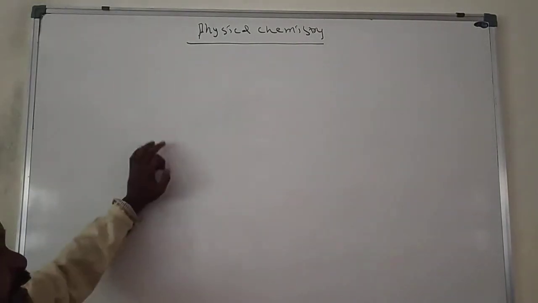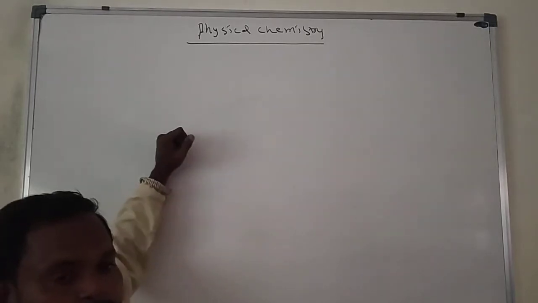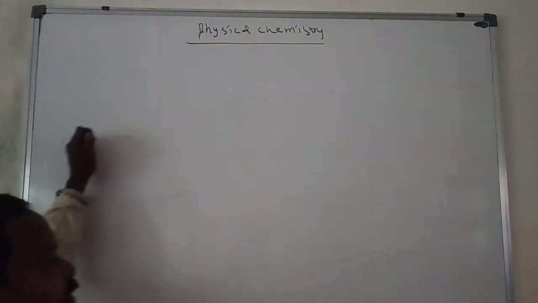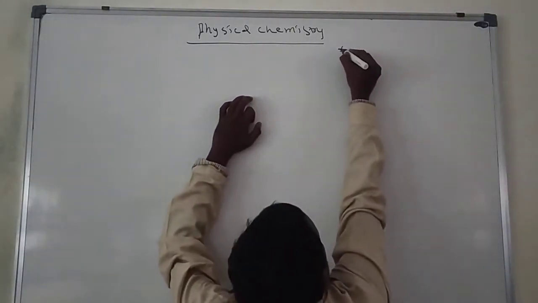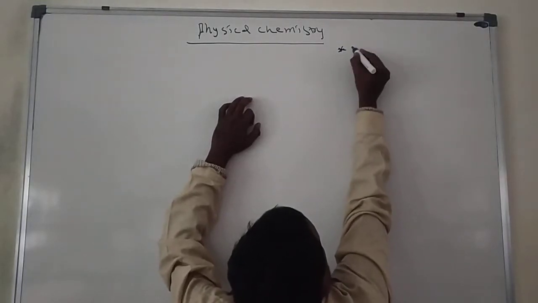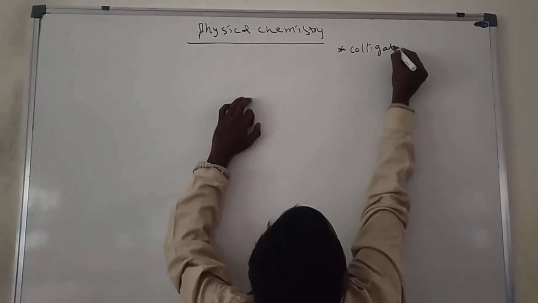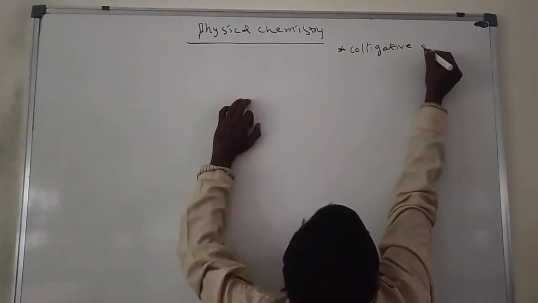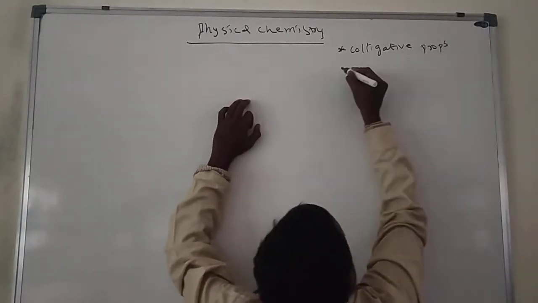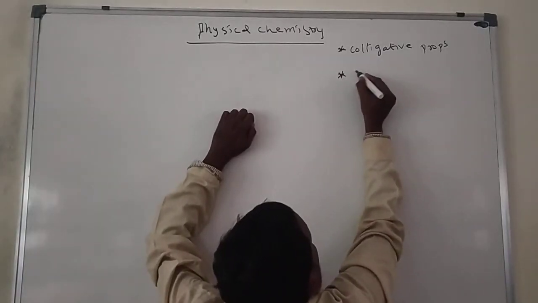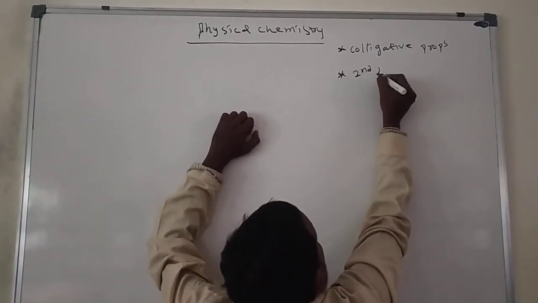In continuation of organic chemistry, we'll see physical chemistry. In physical chemistry, we have three chapters. One is colligative properties. Second one, second law of thermodynamics.